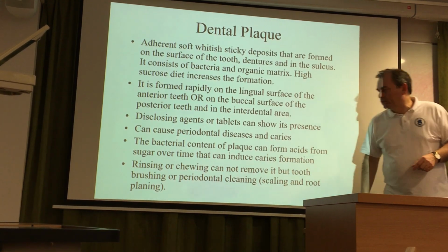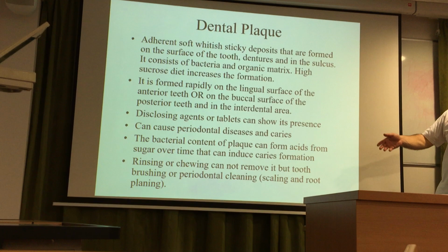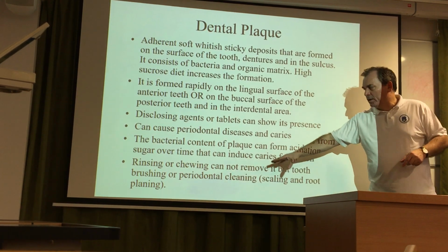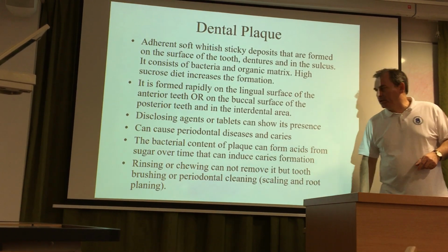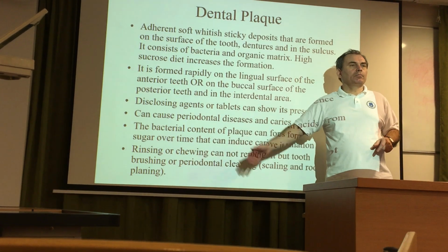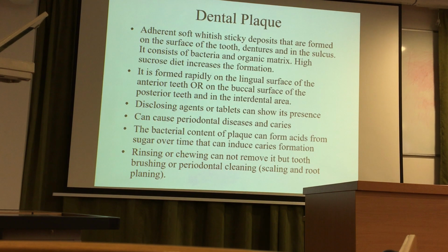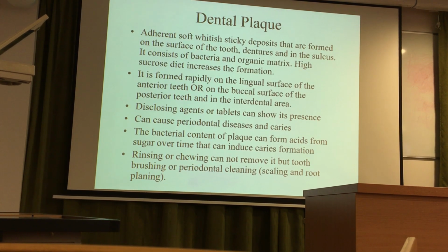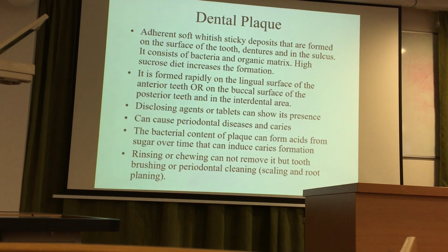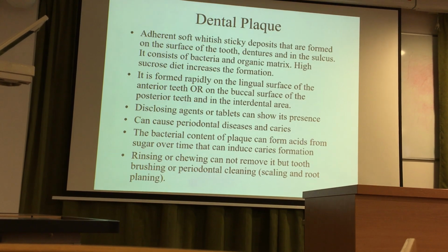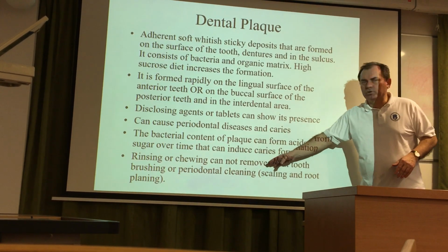And you cannot remove the plaque with simple rinsing or chewing, because they say sometimes that chewing food with high fibrous content may remove the plaque, but it is not true.